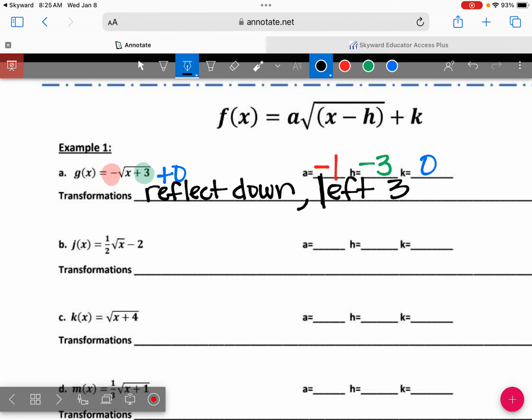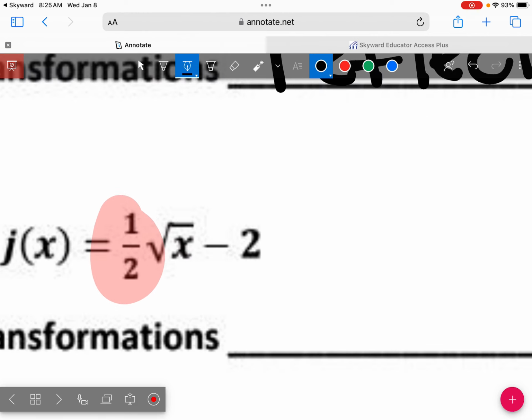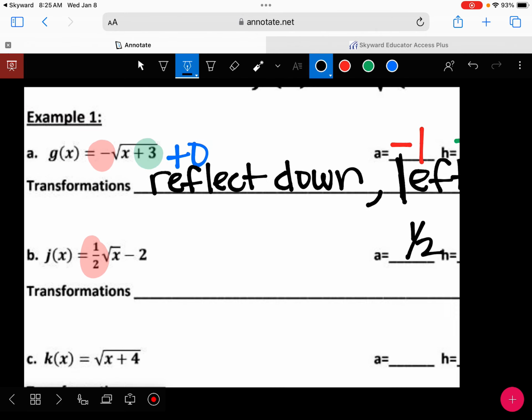All right, next. A is 1/2. H is under the hood. Let me zoom in. Do you see that there is nothing under the hood except for X? Does everybody see that? There's nothing under there. So that means that H is 0.